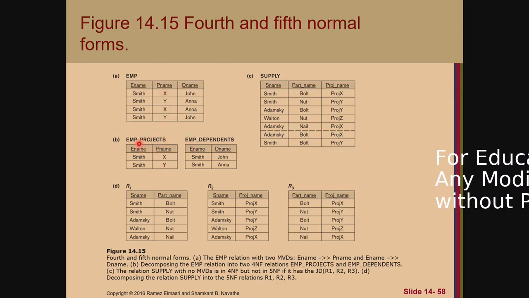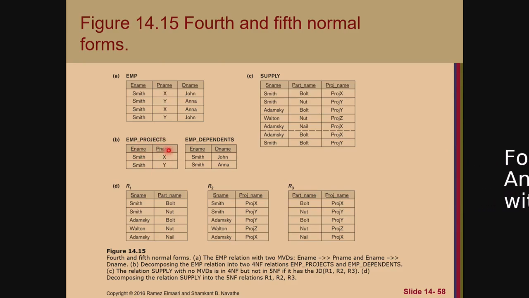And we use both of them as the primary key. And here is M and dependent. We can see Smith works for John and Anna only, right? The problem is when you join back, it becomes something so risky, because here you join with the E name and E name, right?